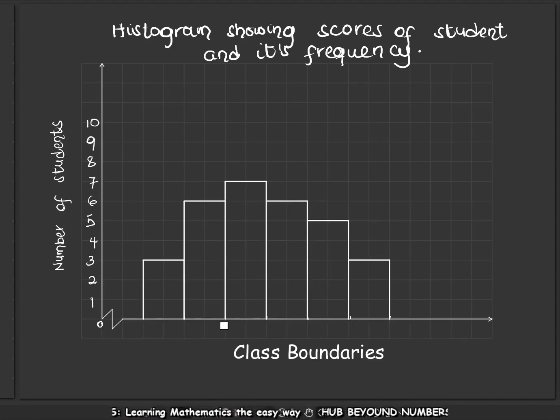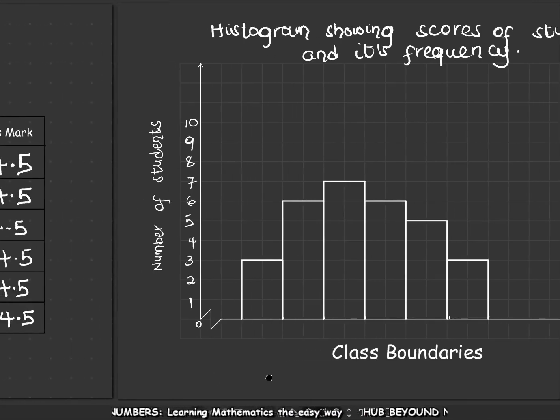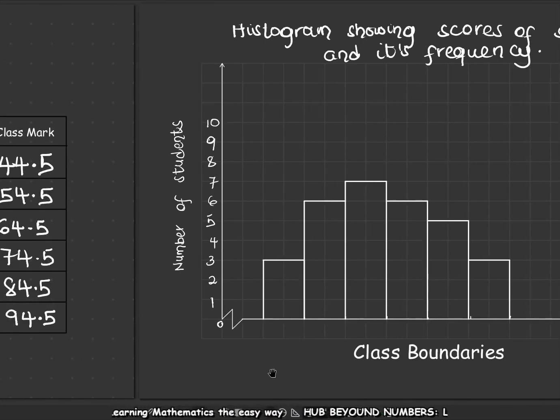So if you want to use the class mark, then the class mark is the midpoint of the class boundaries, the upper and then the lower, that is to say. So looking at the data we had over here, right? For the very first one, the class mark was what? 44.5. So we come here and then we make sure we write the 44.5 in the middle. You are not writing it at the edges or the vertices of the bars. No, but rather in the middle.